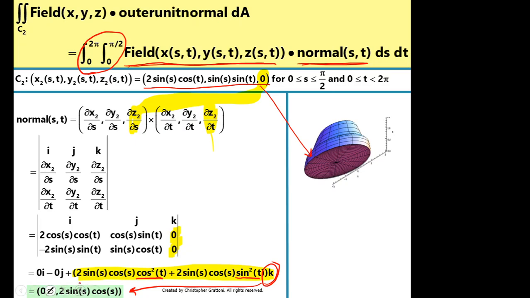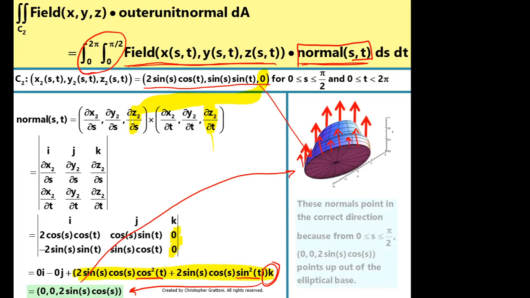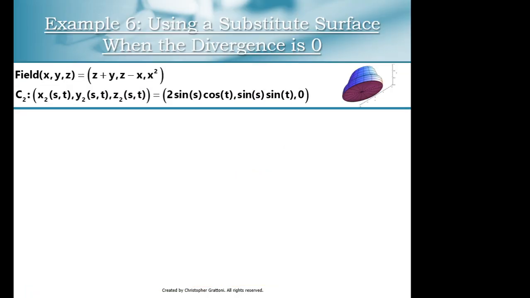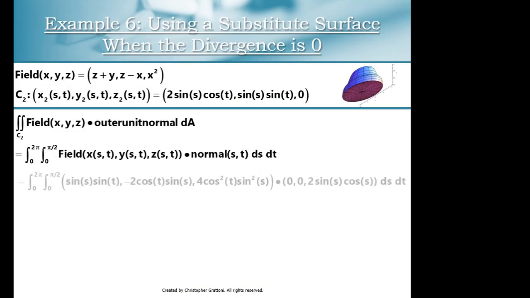Now, what does this formula represent? That gives us our normal vectors for this flat elliptical surface. And we use it in our formula for computing our surface integral. So we could plug that formula in up top, and now we could take the dot product of field of x of st, y of st, z of st with these normal vectors. And speaking of shortcuts, look at this.